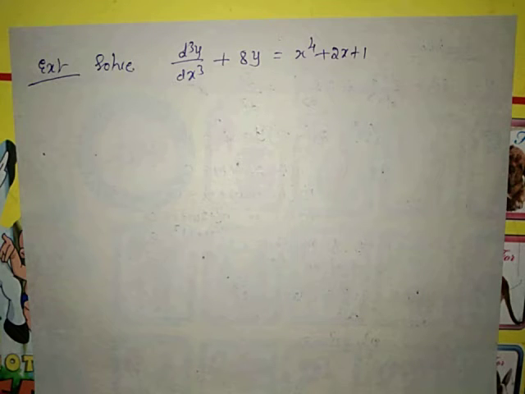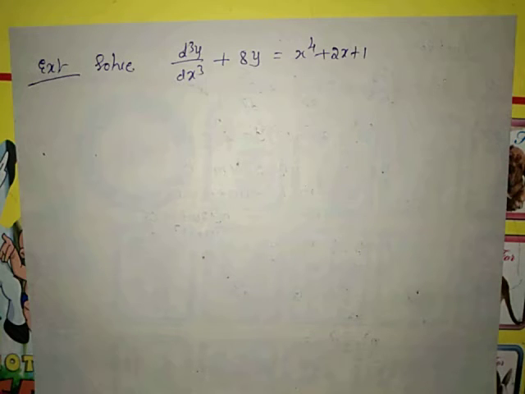But according to the steps, first we have to write down the equation in the form of f of D of y equal to xi of x. Then we have to write down the auxiliary equation. For the auxiliary equation, first we have to find out the roots. Depending on the nature of the roots, we write down the complementary function.